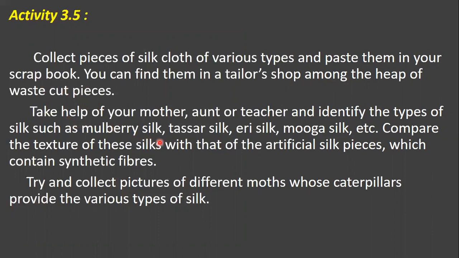Take help of your mother, aunt, or a teacher and identify the types of silk such as mulberry silk, tassar silk, eri silk, muga silk, etc. And then compare the texture of these silks with that of the artificial silk pieces which contain synthetic fibers. Try and collect the pictures of different moths whose caterpillars provide the various types of silk. You can do this in your home, children.